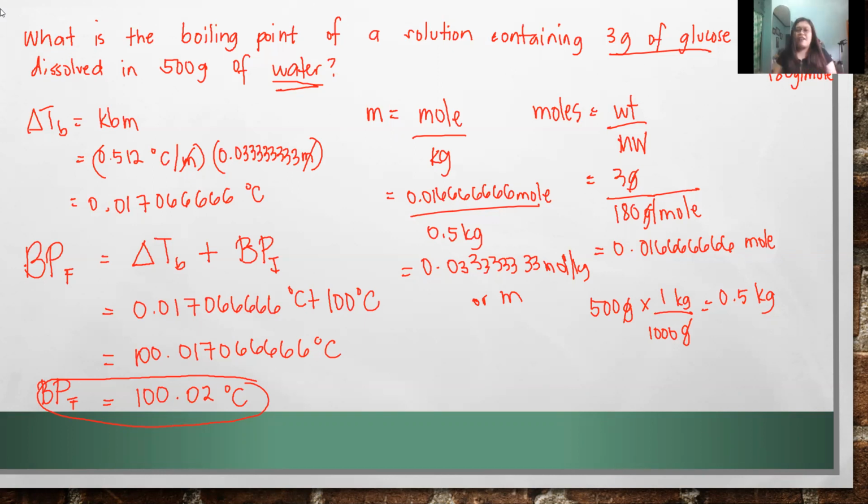Yeah, tatlo lang. Only 3 got the correct answer. Eden, Mecca, and Monesa. 100.02. The rest answered 103.07. So what went wrong in the computation? Ano na abot siya? 103.7.